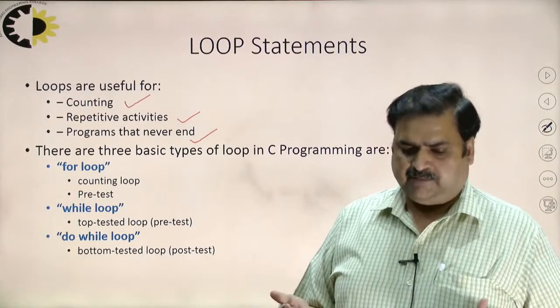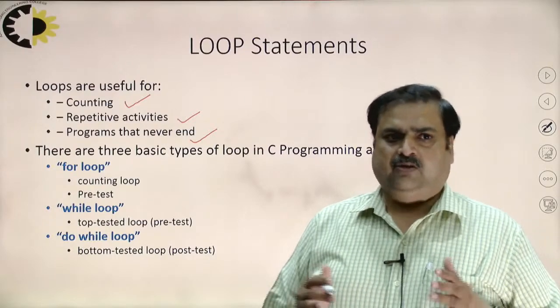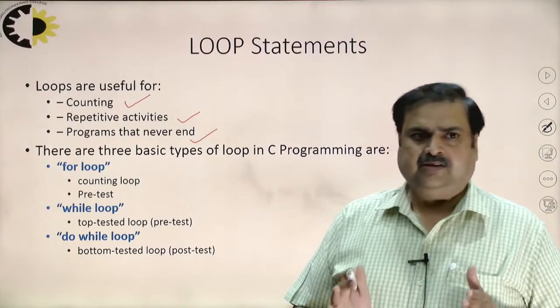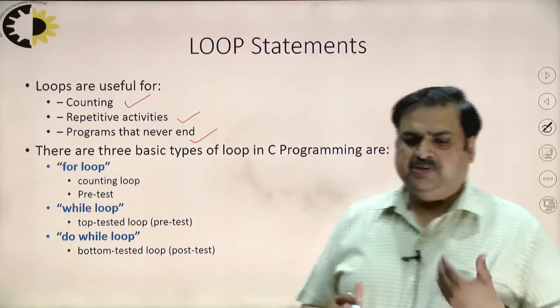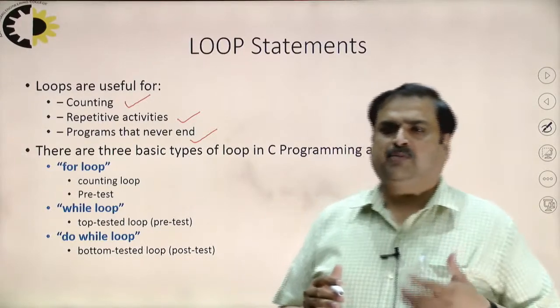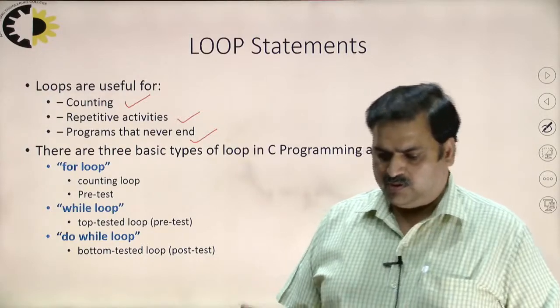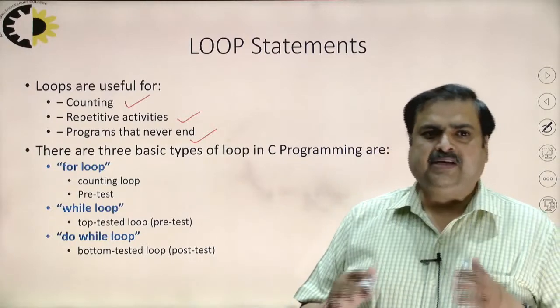The while loop is a loop where only a condition is given, and it is also a pre-test loop. Pre-test means, if any one of you knows, you can write in the chat box: what is a pre-test loop?